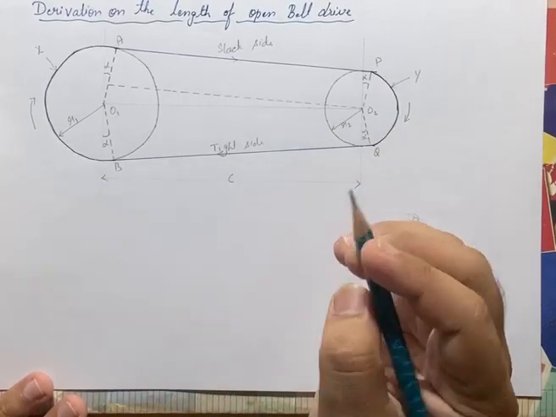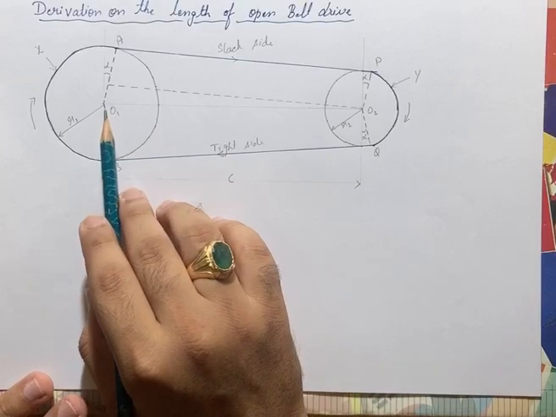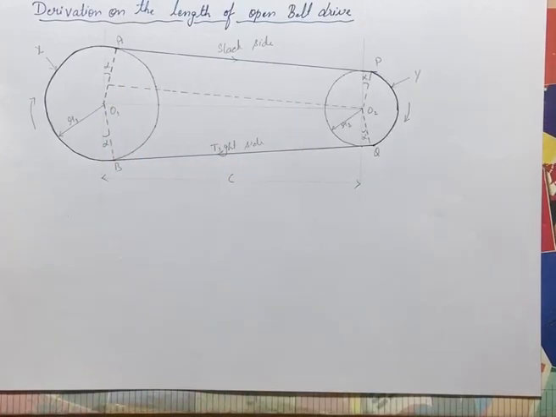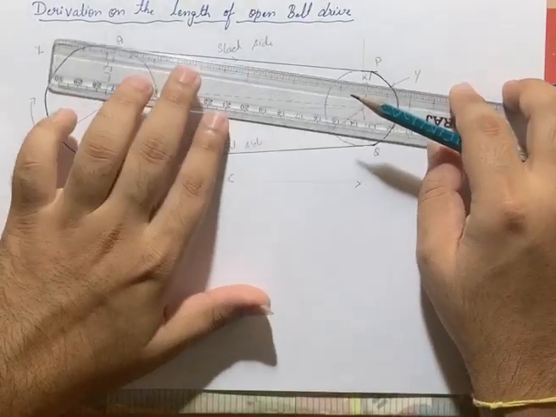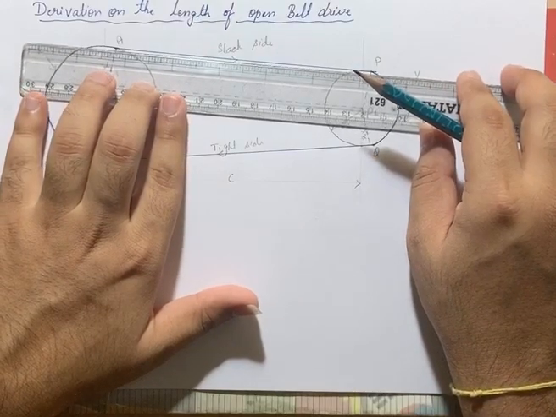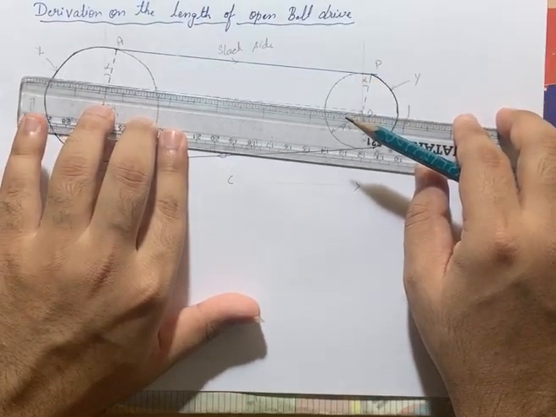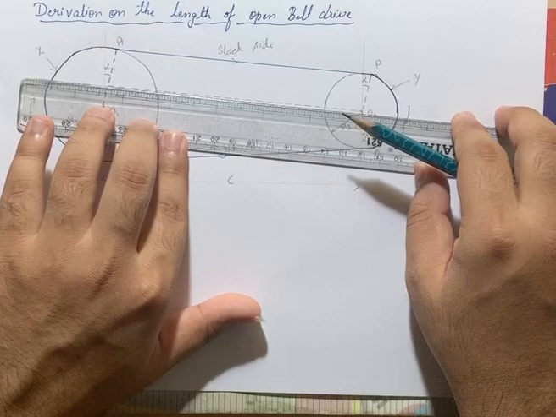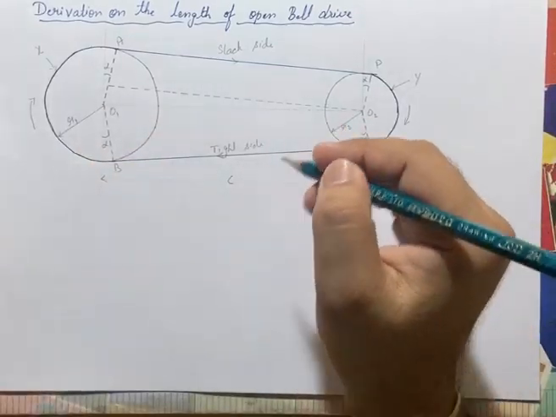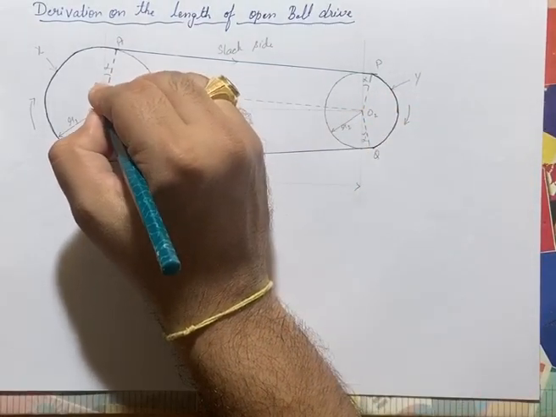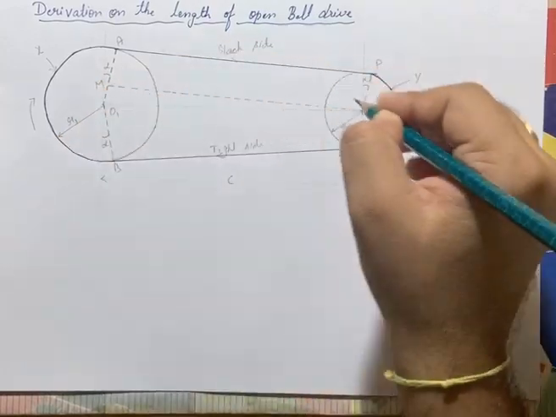Now after this, I have drawn one line, that is line AB. I have taken it down and drawn one more line here in such a way that line AB equals line MO2.